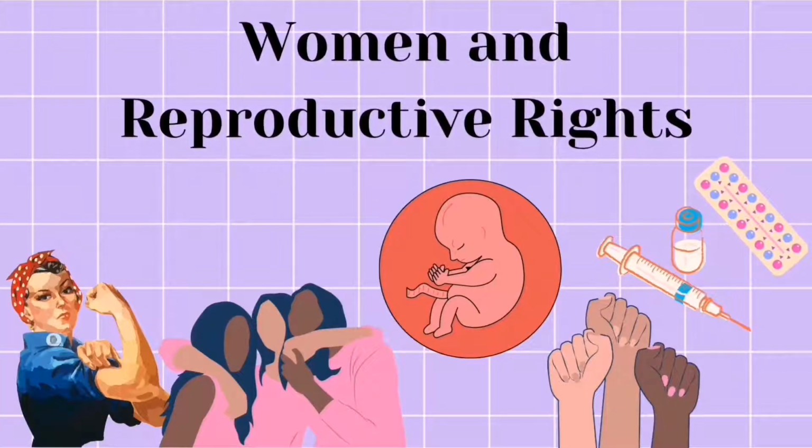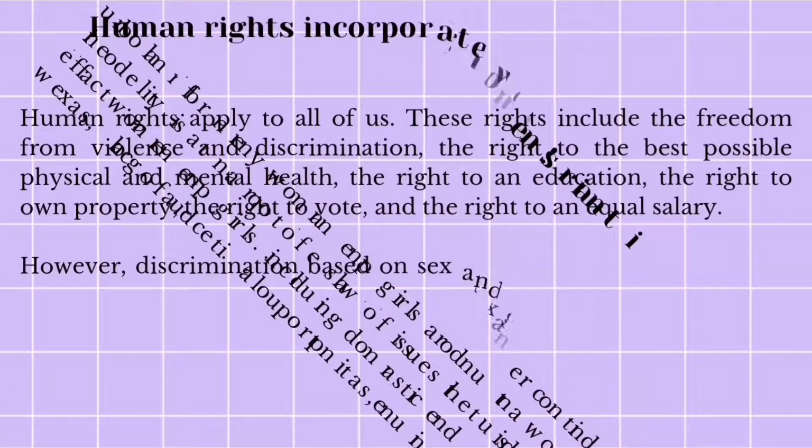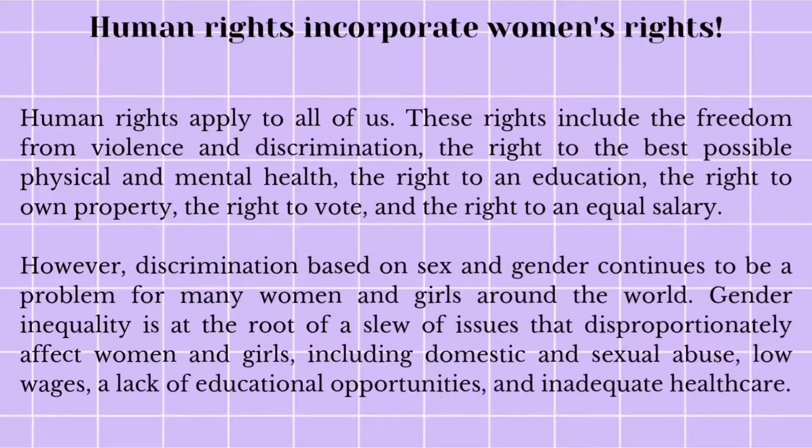Women and reproductive rights. Human rights incorporate women's rights. Human rights apply to all of us. These rights include the freedom from violence and discrimination, the right to the best possible physical and mental health, the right to an education, the right to own property, the right to vote, and the right to an equal salary.